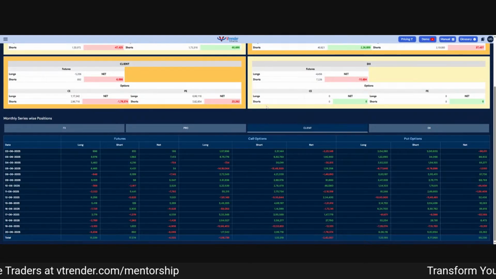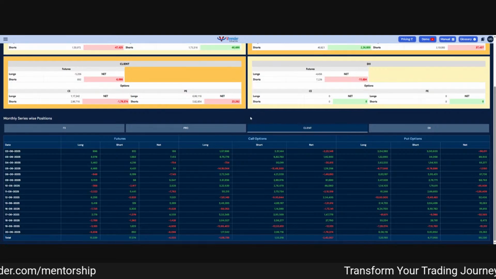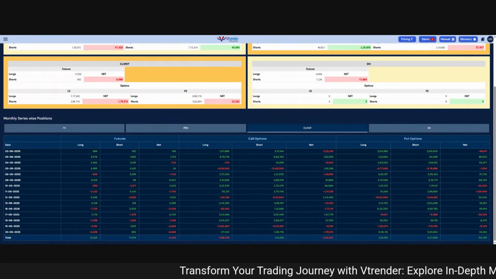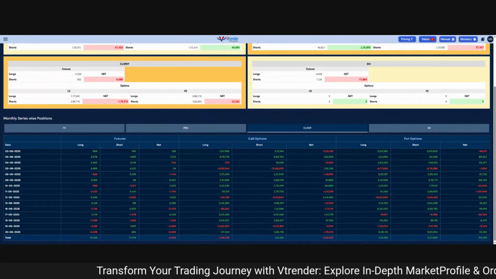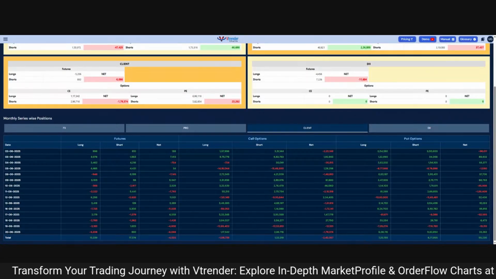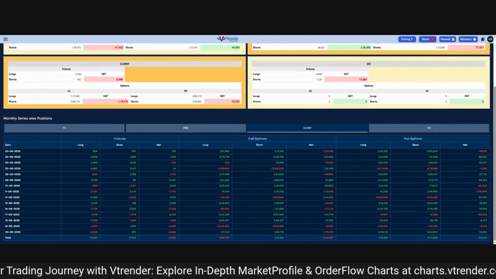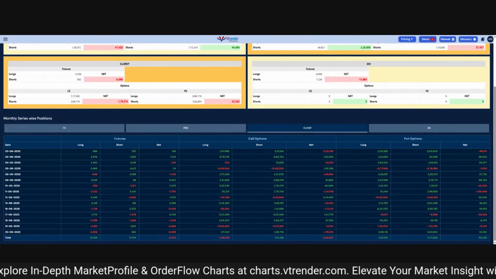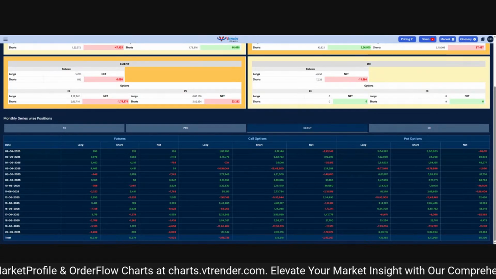We have taken this query about making a video on this position table. I think that is also in the pipeline, and we'll look to make one once we are in sync, because this segment on the chart section is something which was added recently.